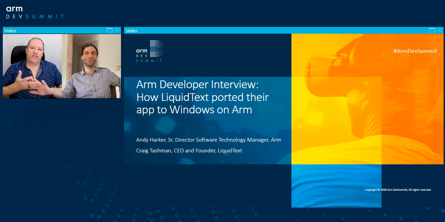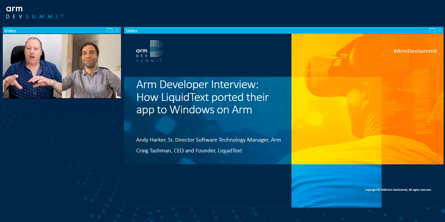So I think my next question is, how much work was involved in switching LiquidText to the UWP platform, and do you find you're able to maintain any common core code across all of these three distinct platforms? That's a great question, and the answer is yes.